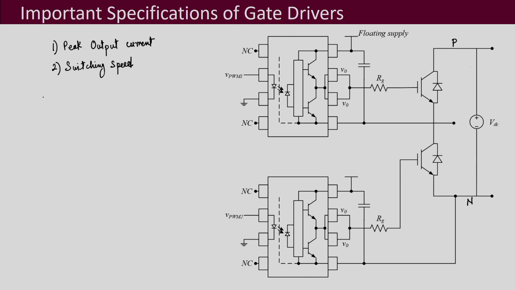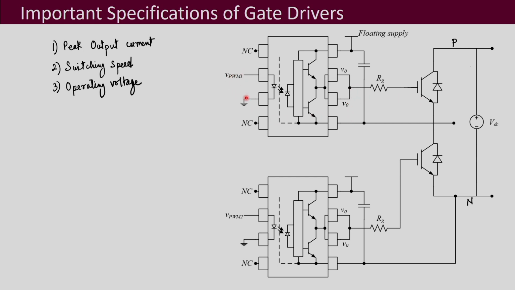Next is your operating voltage. Now operating voltage, this Vg level, whatever you provide here, should be sufficient for this gate emitter region to be driven. So this voltage has to be proper.